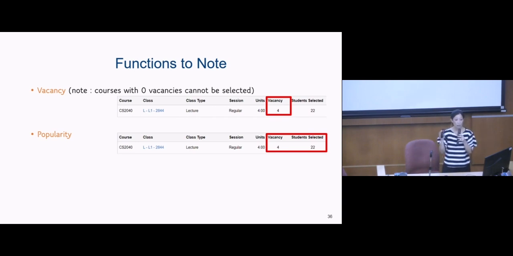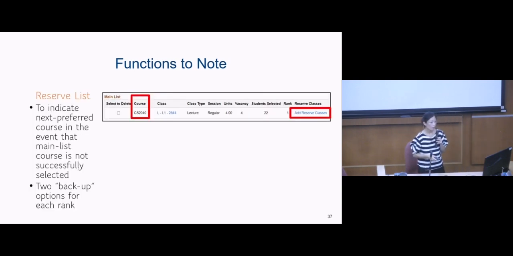If there are 0 vacancies, you will not be able to select the course. Some of you may be concerned that you won't be allocated your first preference. You can add reserve classes. You can add up to 2 backup options.